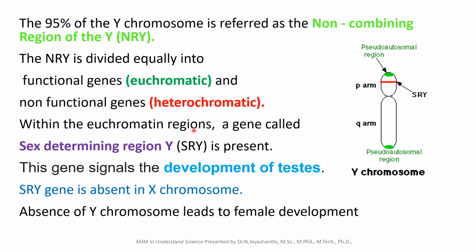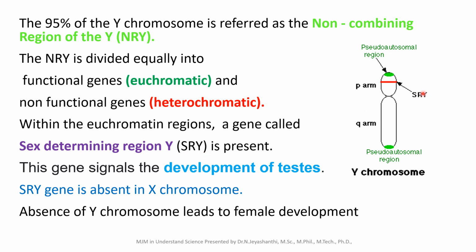Within the euchromatic region, a special gene is present, that is SRY, sex determining region in Y chromosome. This only signals the development of testes and other male reproductive organs.